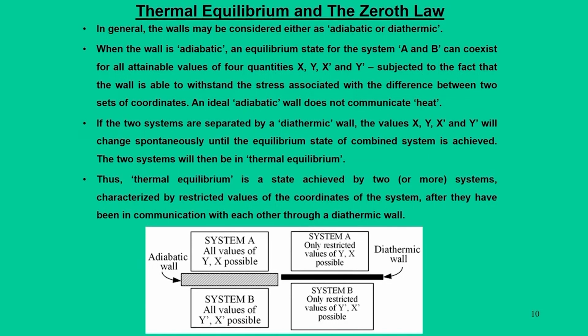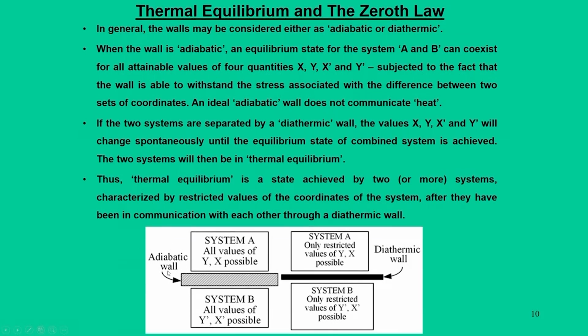To analyze further regarding thermal equilibrium and the zeroth law, let us consider this particular figure. What has been shown here is two figures. One is system A and system B, which are separated by an adiabatic wall. The other is the same systems A and B separated by a diathermic wall.